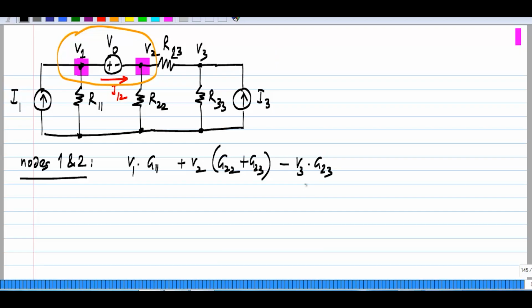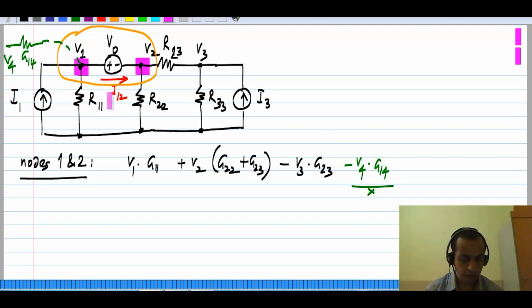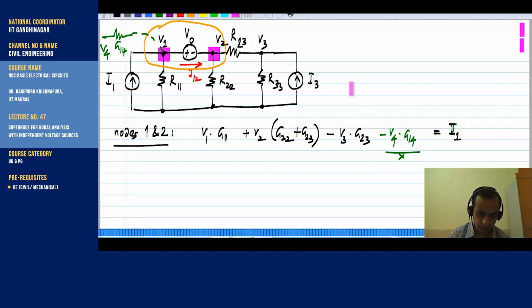If we happen to have some other node with V4 and G14, we would also get minus V4 times G14 and so on. This is not in our circuit right now, but if it was there, that would also appear. We have to look at the total current from independent sources being injected into the supernode. So we have I1 going into the supernode and nothing connected here, so the sum simply equals I1. I just took that other term as an example.